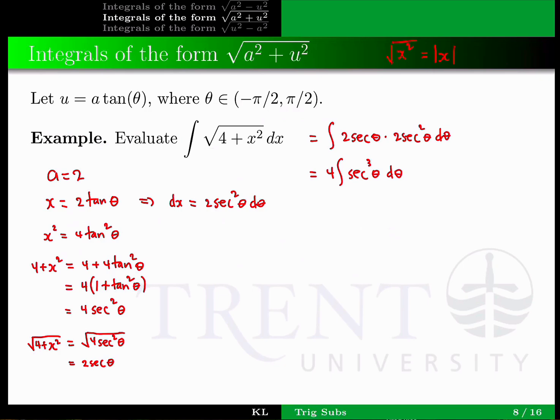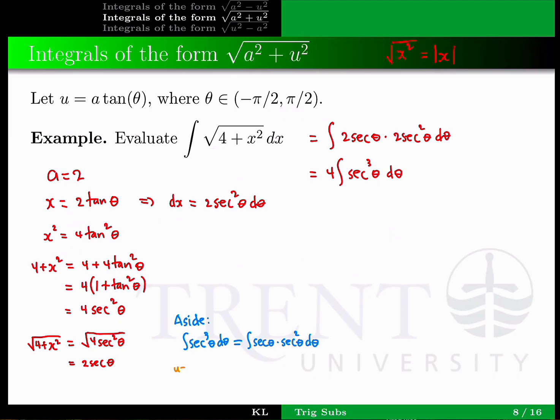So let us just show that secant cube theta. Let us put an aside in here. Integral of secant cube theta d theta. We can write this as the integral of secant theta times secant squared theta d theta, and then you can use integration by parts.